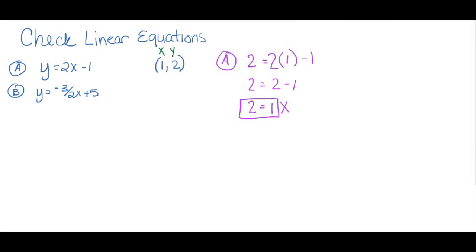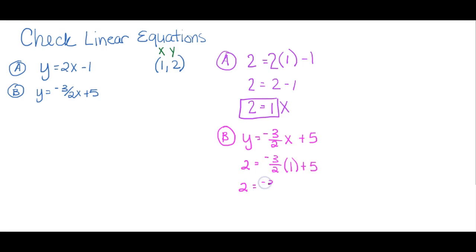So now let's look at equation B, I apologize. It's going to be y equals negative 3 over 2x. Be careful, because this is multiplying, so it's going to be 2 equals negative 3 over 2 times 1 plus 5.